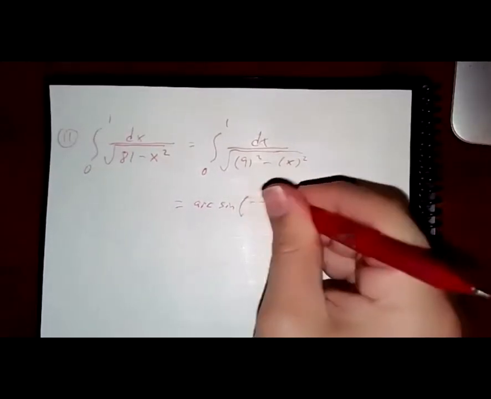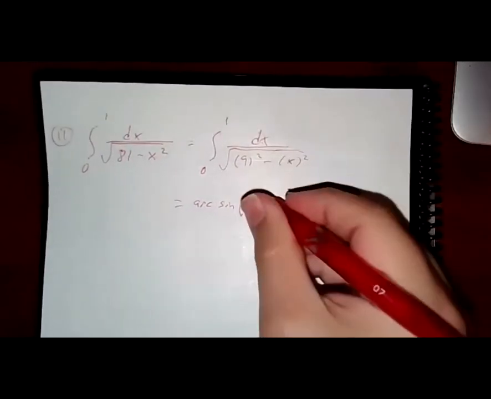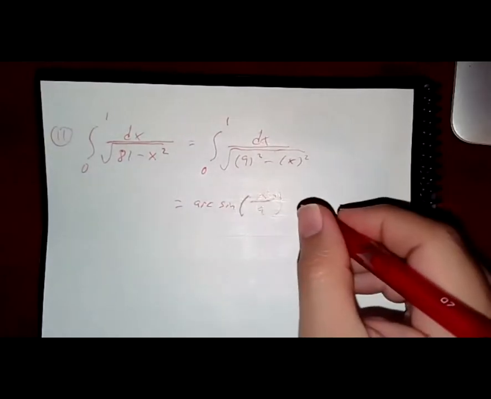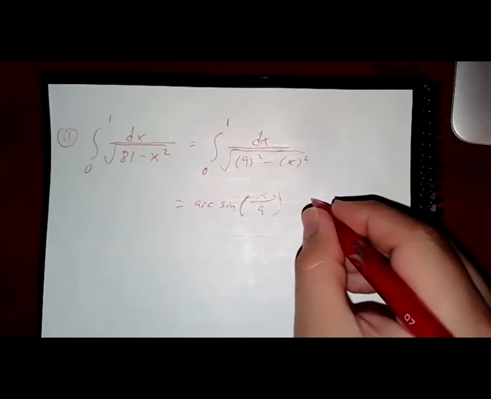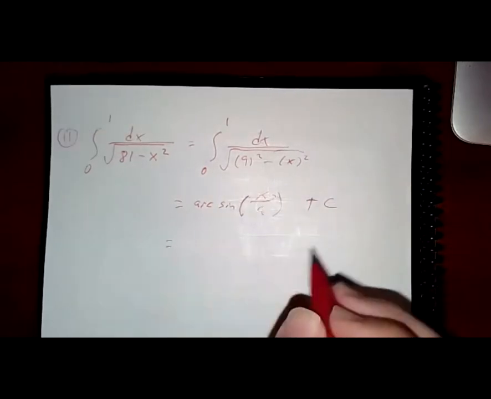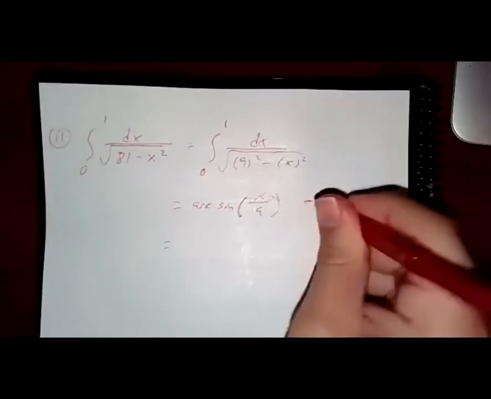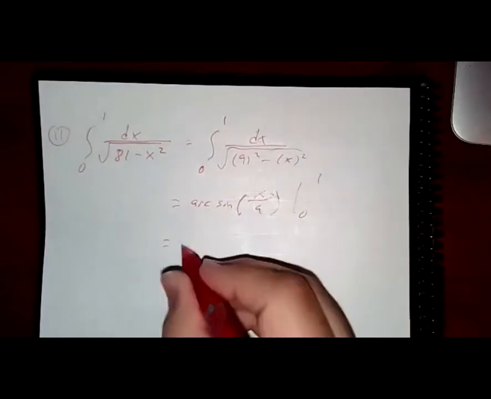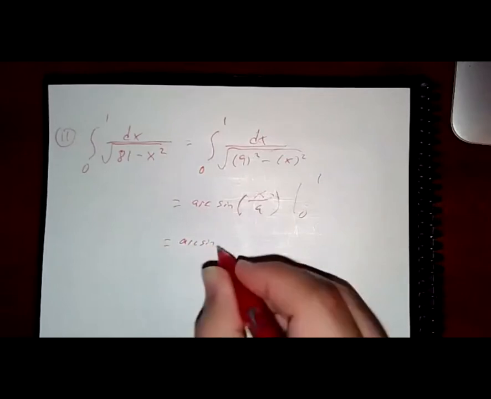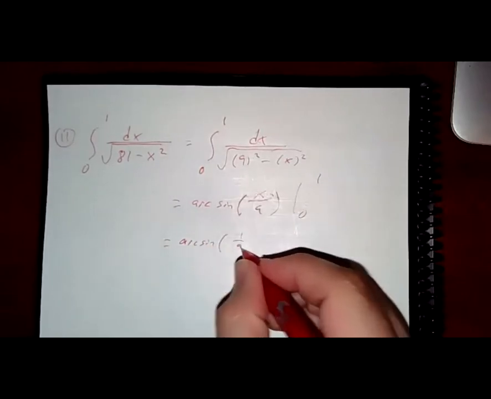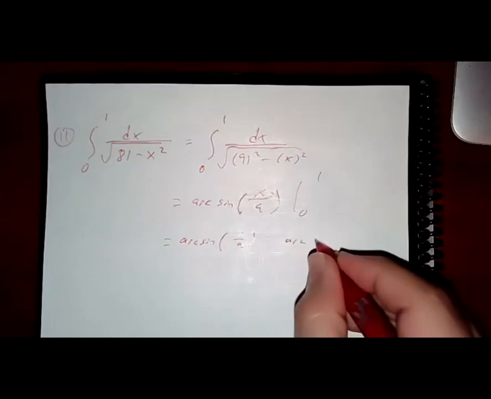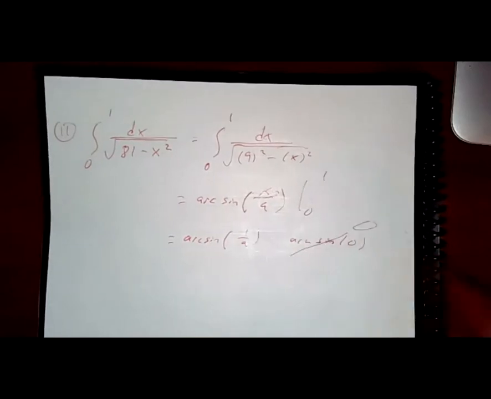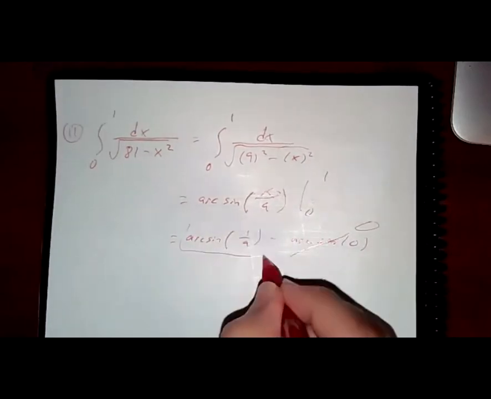So our u is x, so it'll be x over 9 plus c, which is equal to, actually, from 0 to 1, my bad. Which would be arc sine of 1/9 minus arc sine of 0. Arc sine of 0 would be 0. So this would be our answer.